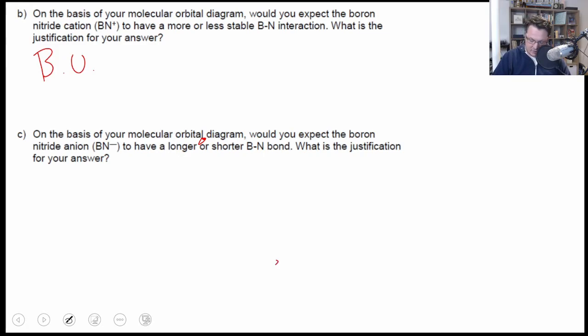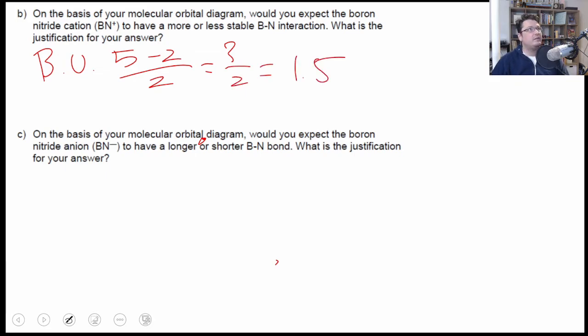So in that case, what we would have is 5 minus 2, divided by 2. That gives us 3 divided by 2, which is a bond order of 1.5. And 1.5 is less than 2.